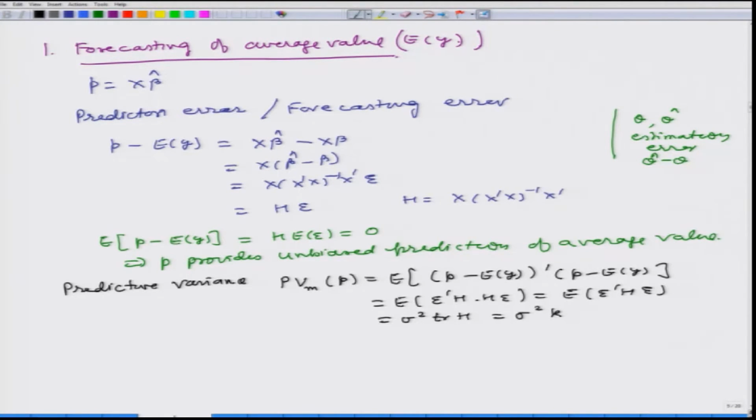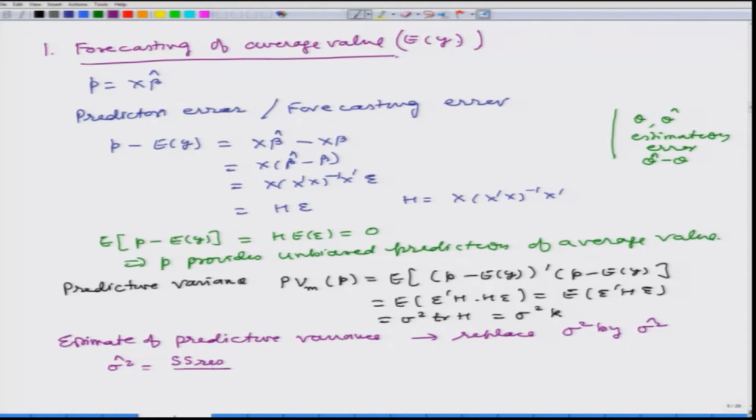Now, we observe that this predictive variance depends on sigma square, which is usually unknown in practice. So, an estimate of predictive variance can be obtained by replacing sigma square by sigma square hat, and sigma square hat is obtained from the analysis of variance as the sum of squares due to residual divided by degrees of freedom.